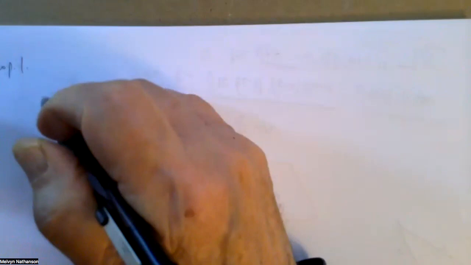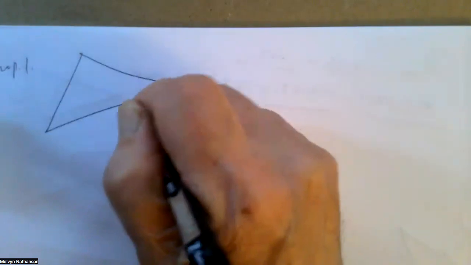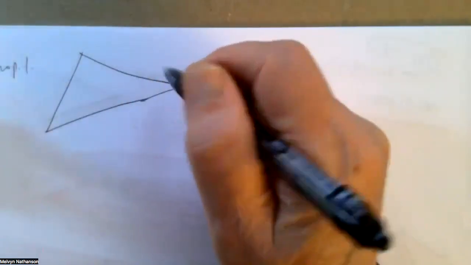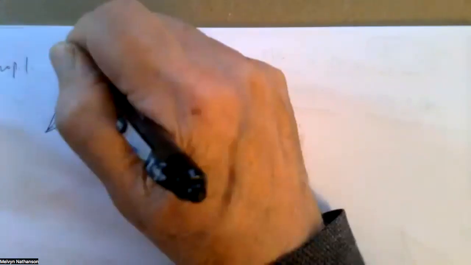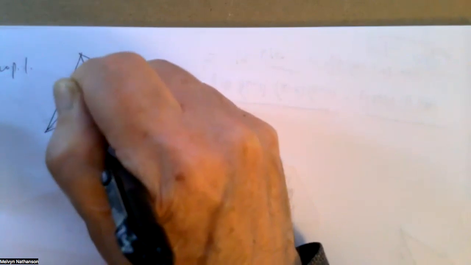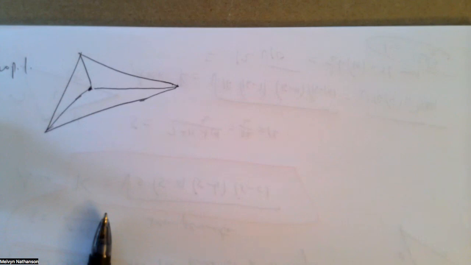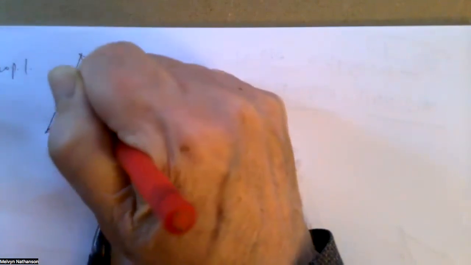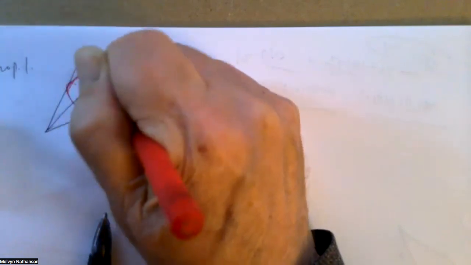So there's some preliminary results we're going to use. The first proposition says that if you have any triangle and you bisect the angles, the angle bisectors meet at a point which is the center of the triangle's inscribed circle. So the unique circle that can be inscribed in a triangle is the point where the angle bisectors meet.